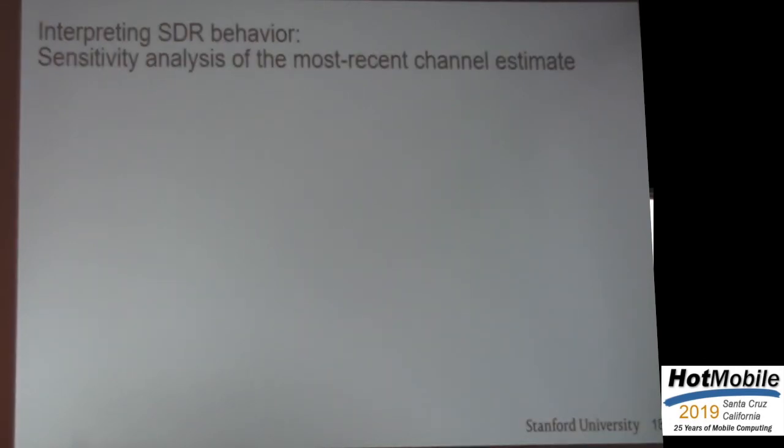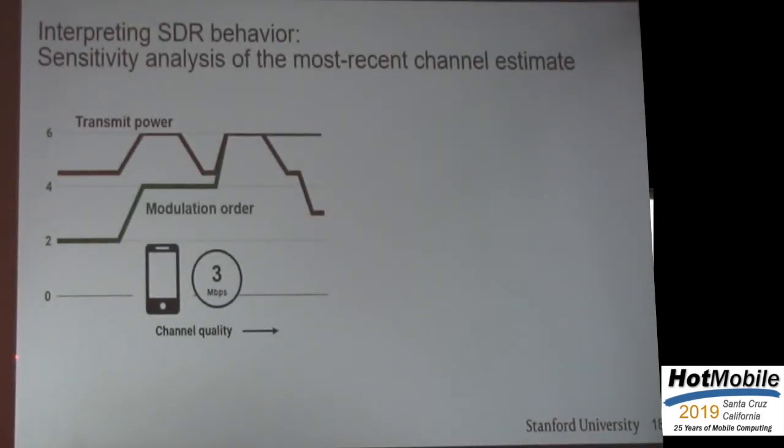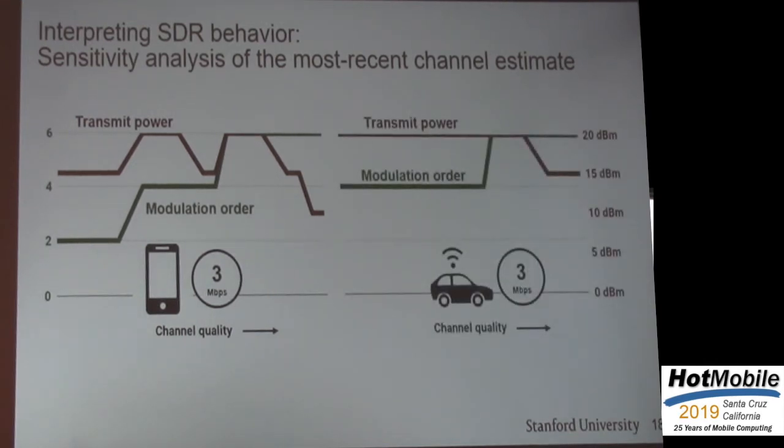We do it for the most recent channel estimate, which I said was one of the inputs to the neural network. We sweep the channel quality from poor to good along the x-axis here and show the transmit power and the modulation order that the algorithm chooses. This is a snapshot for the case of the phone requiring 3 Mbps, and this is a snapshot for the case of the connected car requiring 3 Mbps.